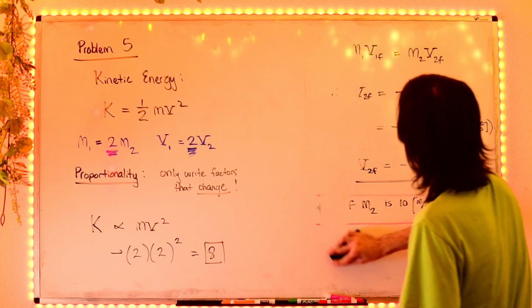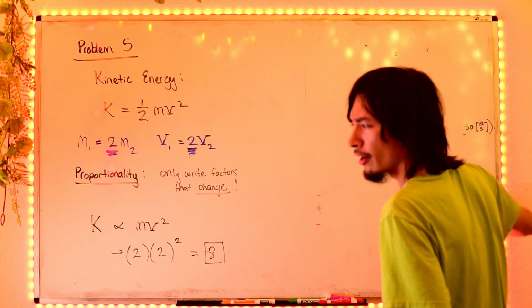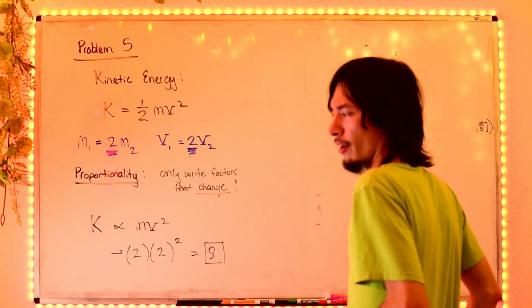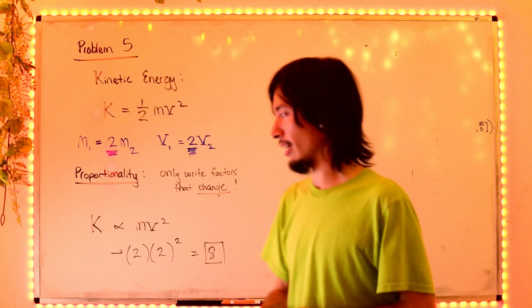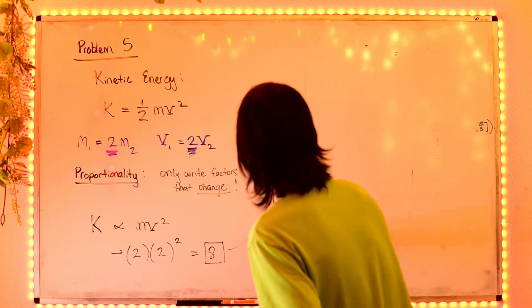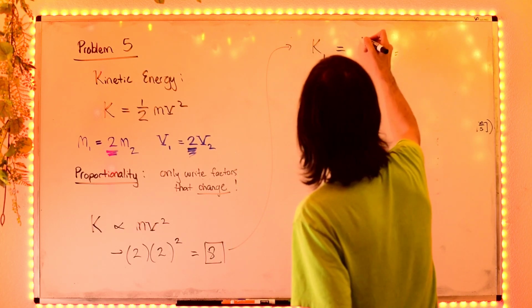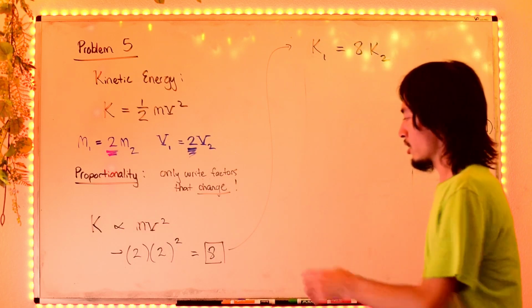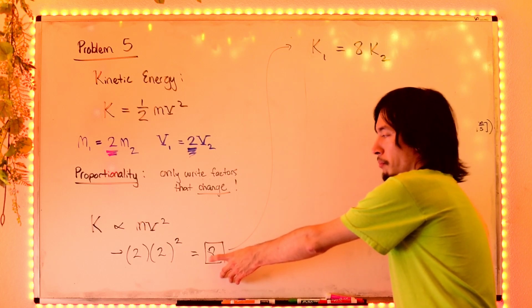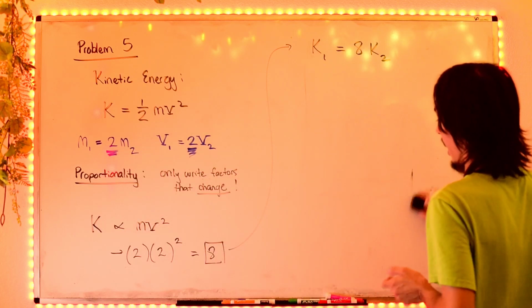So in this case, to answer the question directly, let's see here. Mass 2 has 8 times less kinetic energy than mass 1. So this right here says that kinetic energy of 1 equals 8 times the kinetic energy of 2. So when you get the 8 out of here, it means 1 in comparison to 2, since that's what you've been doing the entire time.